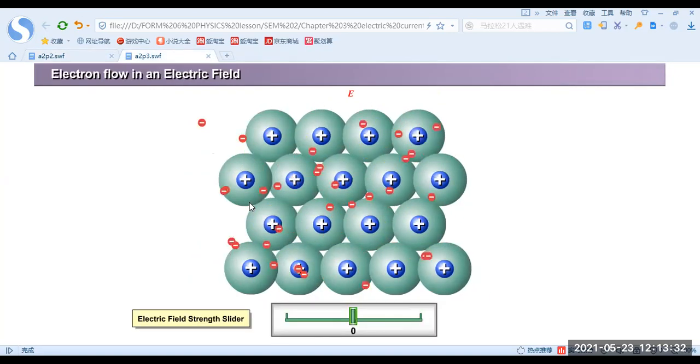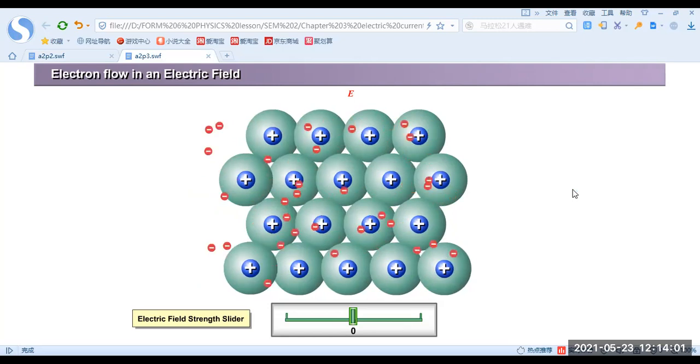When the matter is in an electric field, it means the left side and right side are connected to different terminals of the source. That means one side is positive, one side is negative.